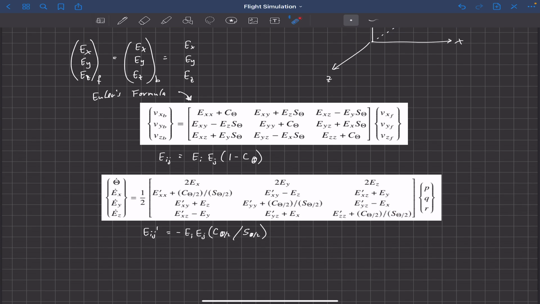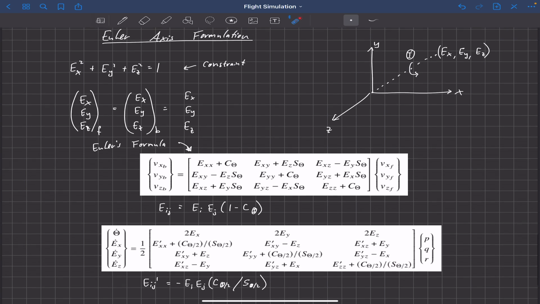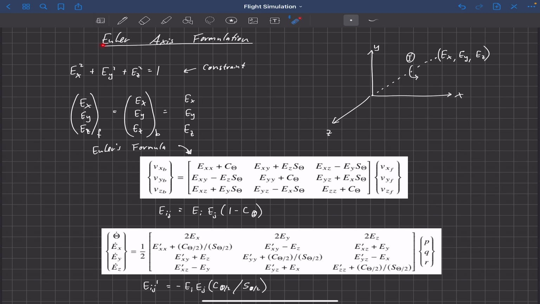So actually, it's very rare that any flight simulator would actually use the Euler axis formulation. The reason we're talking about it here is because it can be used with a change of variables for another formulation called the quaternion formulation that is free of gimbal lock. And so that's what we'll discuss next.